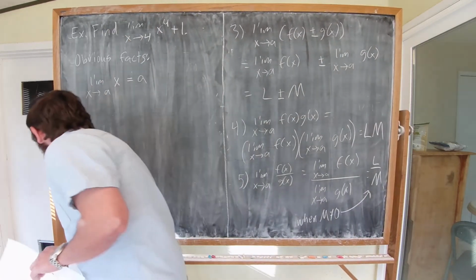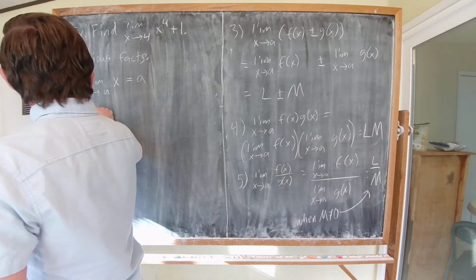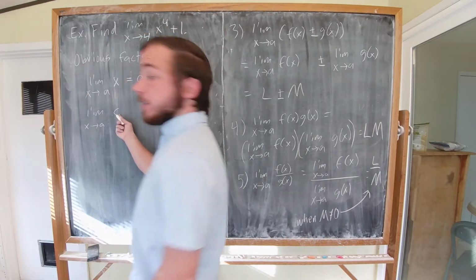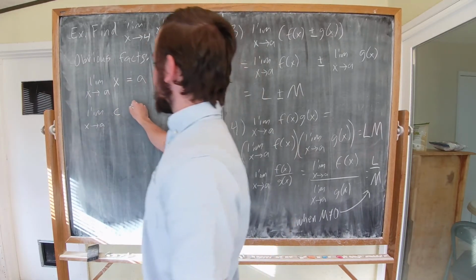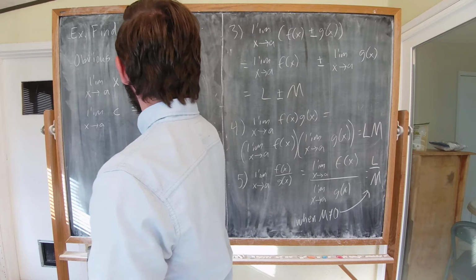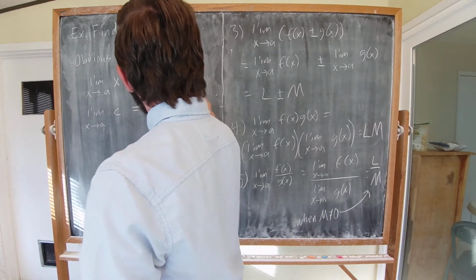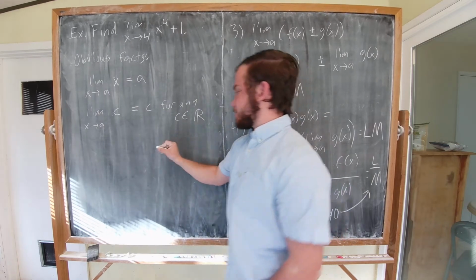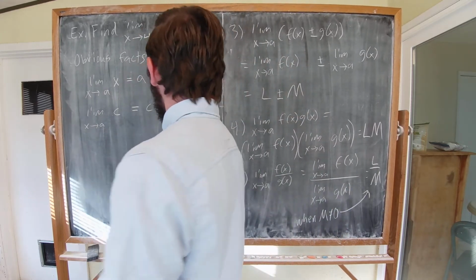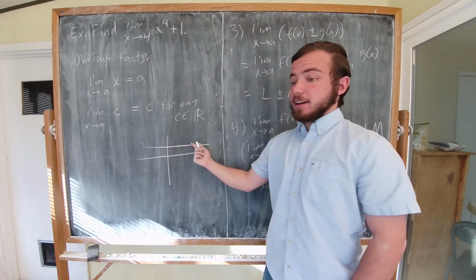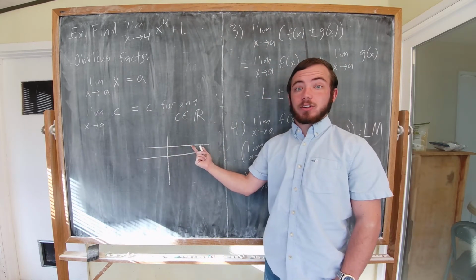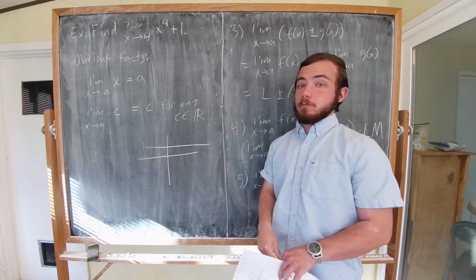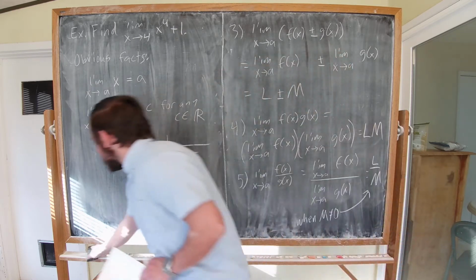And also, the limit as x approaches a of some constant c is c. Let's think about why that is. Well, a constant function looks something like this, right? It's just a horizontal line. So of course the limit would just be the actual value that we're sticking with.